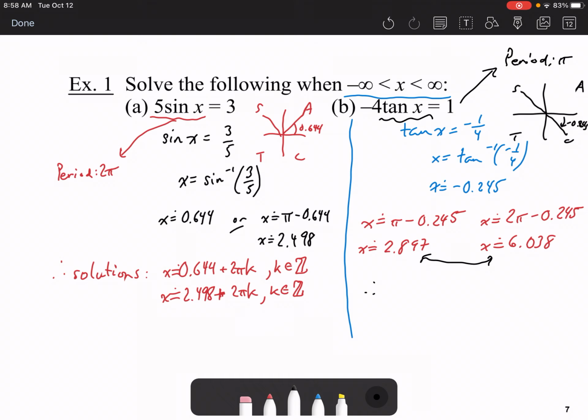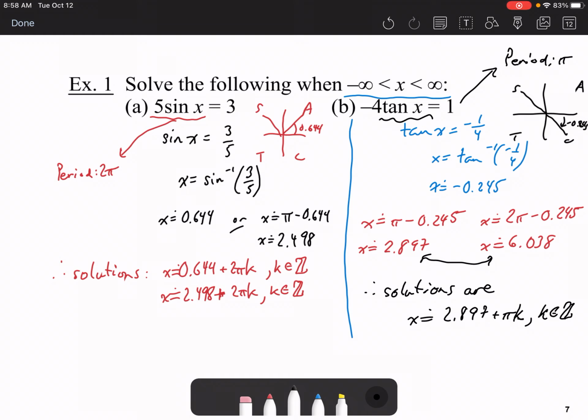So you can list just the first one as a reference: 2.897 plus any multiple of pi, where k is an element of the integers.